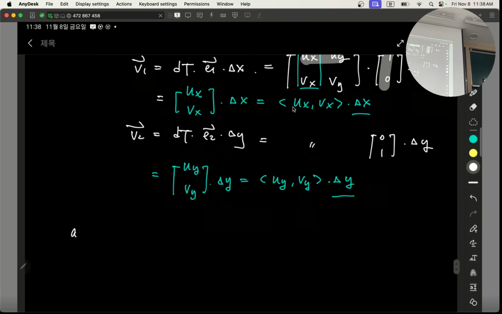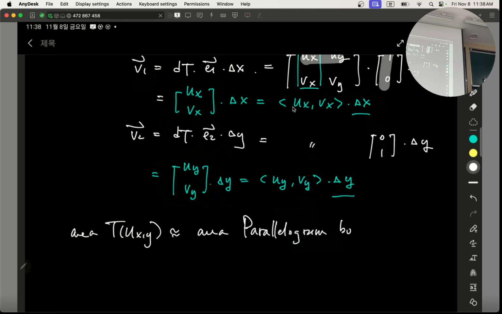So the area of the image of the small region is approximated by the area of the parallelogram bounded by V1 and V2.